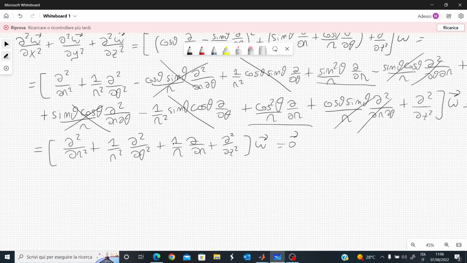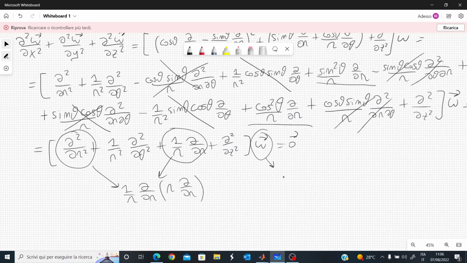You can put together this one and this one. This gives us 1 over r d over dr r d over dr. And this omega here should also be transformed because this is omega x, omega y, omega z. So we have to change those expressions.